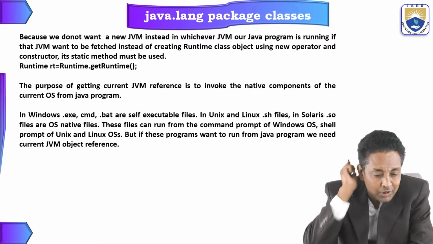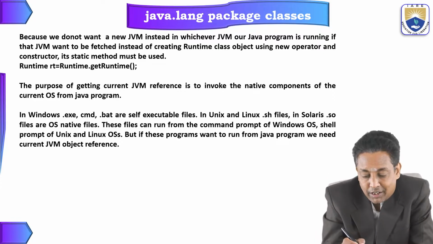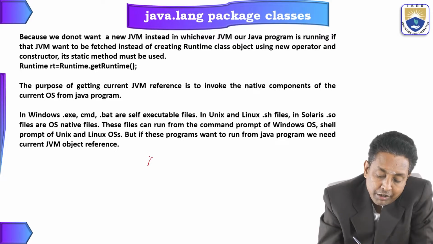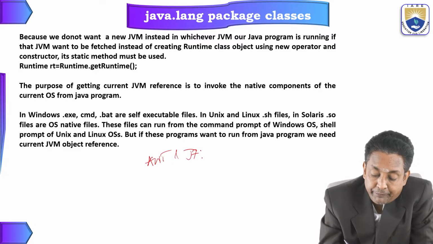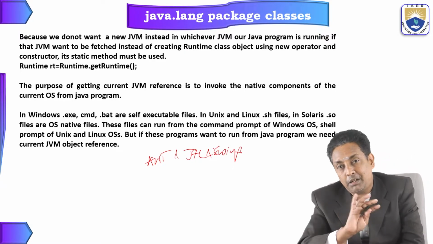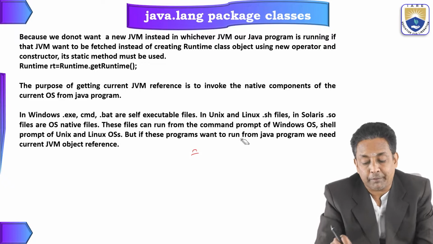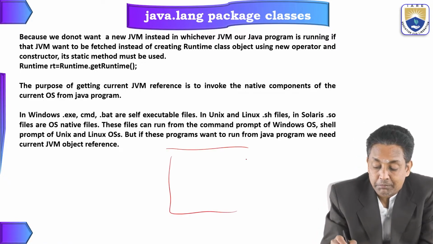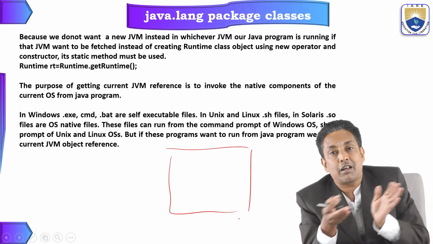In core Java, at the end, I teach Java user interface programming using AWT and JFC Swing. This is the last topic. In that topic, I always teach one example, on something like a Notepad or edit pad.